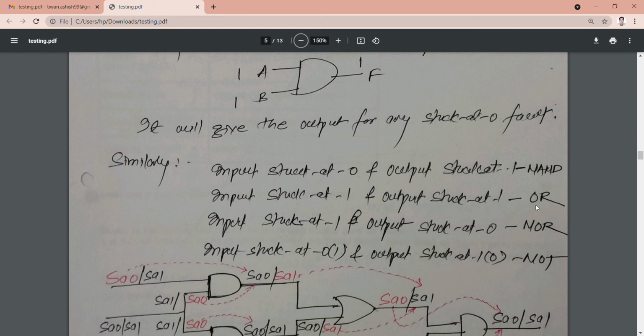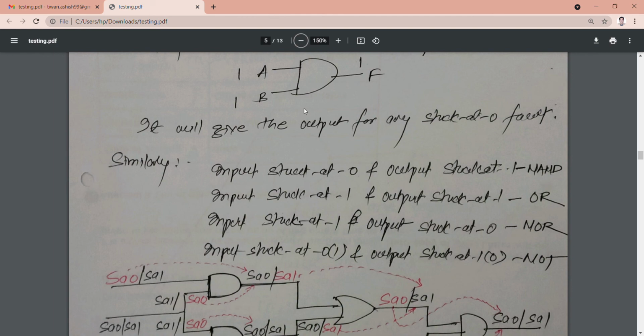Similarly, if the input is stuck at 1 and the output is stuck at 0, we can go for testing of the NOR. Similarly, if the input is stuck at 0 or 1 and the output is stuck at 1 or 0, we can test the NOT gate. Again, I am repeating, here I am talking about fault equivalence.